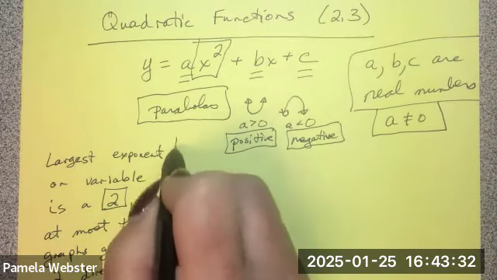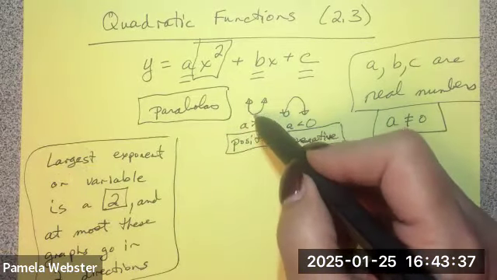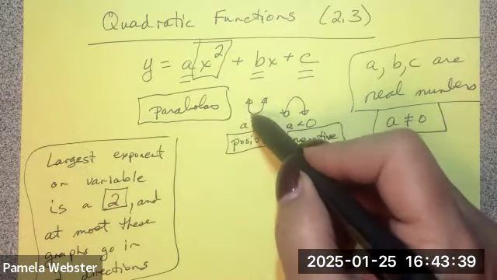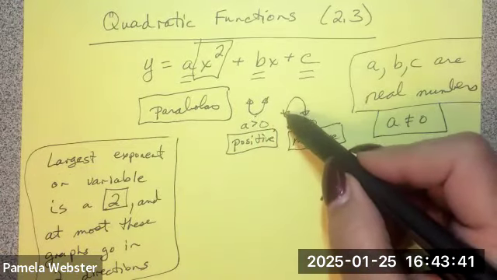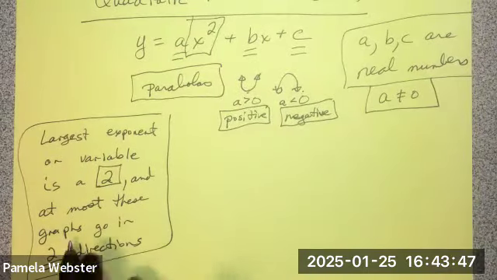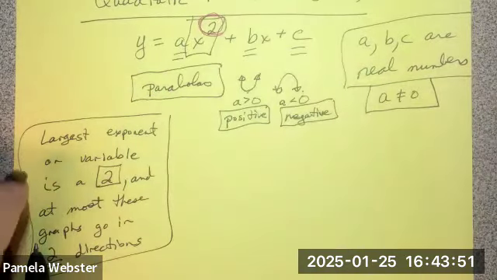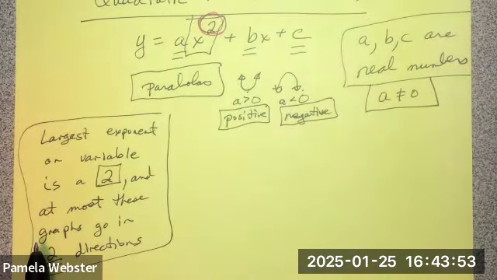That is not by coincidence. Here I would go down and then up. That's 2 directions, 1, 2. And here I would go up and then down. That is also 2 directions. That is completely tied to the fact that the exponent on our variable, x, is a 2.